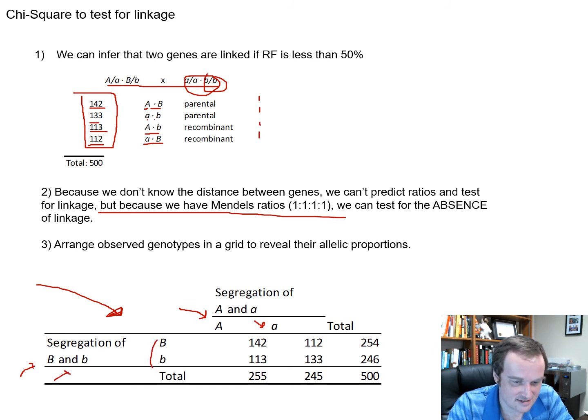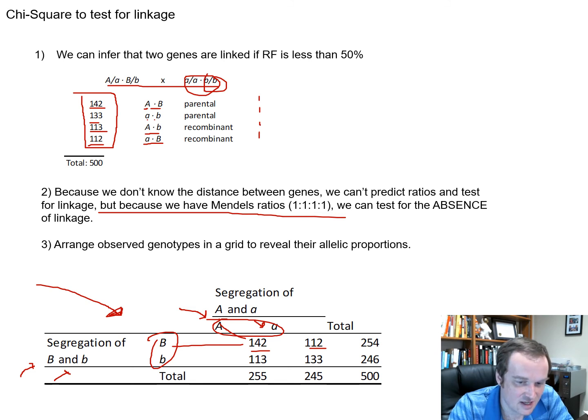So for the individuals that have a big A and a big B, we put that number into the table. Individuals that have a big B and a little a, which would be big B, little a, 112, we put that into the table.